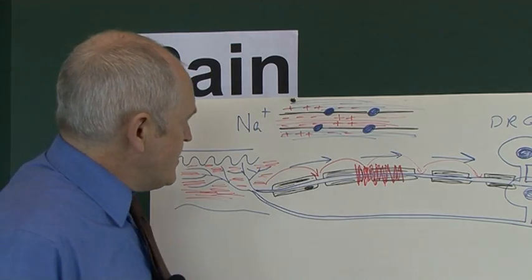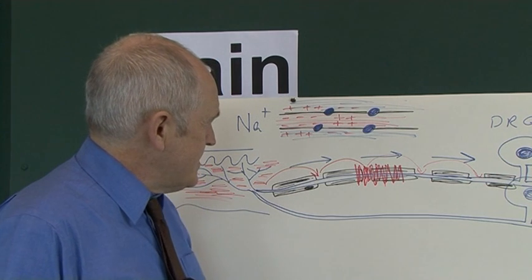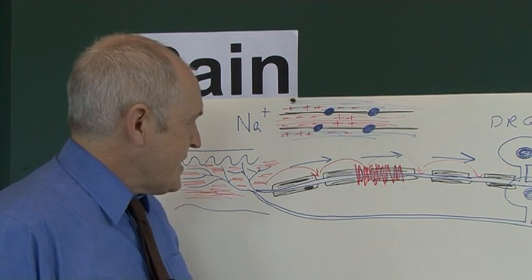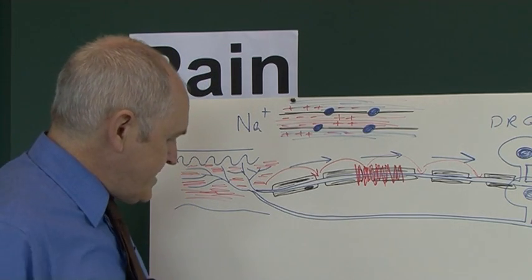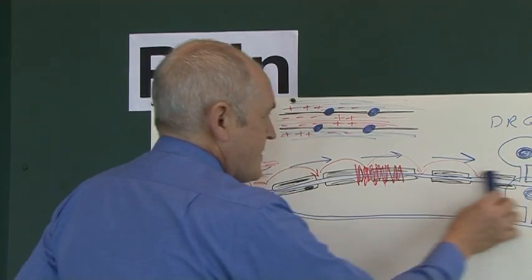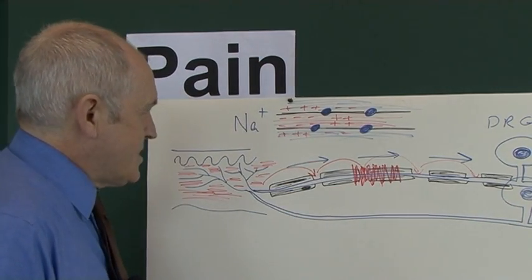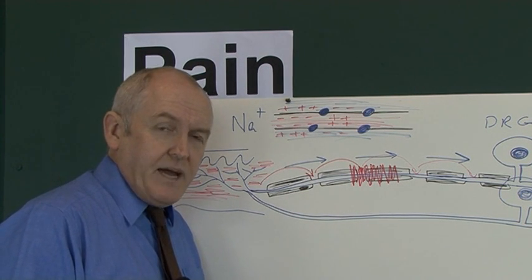So for this example, we're going to assume that this is somatic pain from the lower part of the body, and it's going via the spinal cord. So what we've looked at here is peripheral pain physiology. The next thing we want to look at is spinal cord level pain physiology.